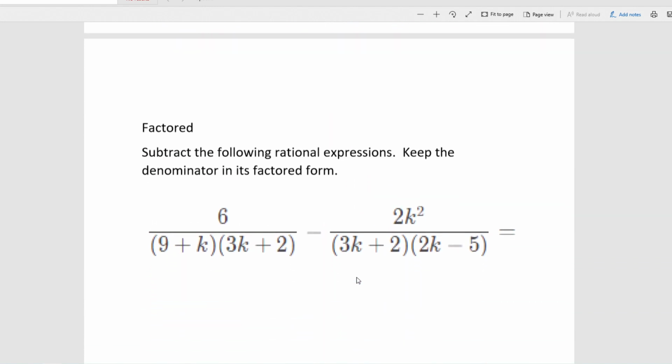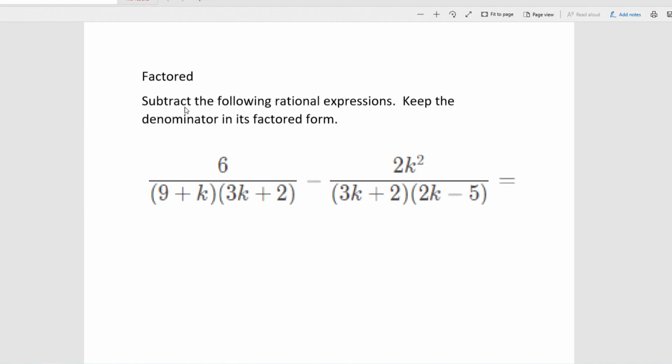So, if stuff is factored, I'm going to give you 2 examples, a factored one and an unfactored one. They're pretty much the same, just with the unfactored one you got to factor first. Anyway, this is one I made up. It's factored. We have something they both share, so they're not interested in that, but what are they jealous of?